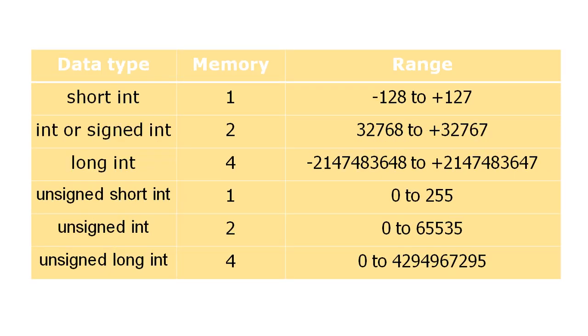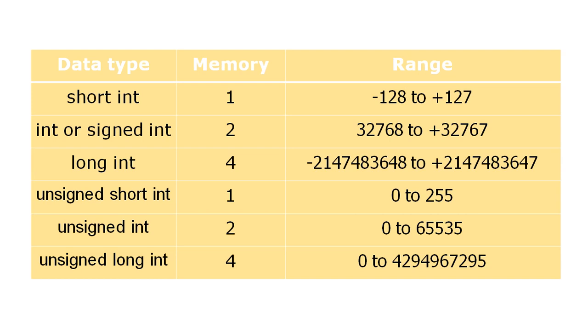Here is the memory size and range of each primary data type: short int or signed int, long int, unsigned short int, unsigned int, and unsigned long int.